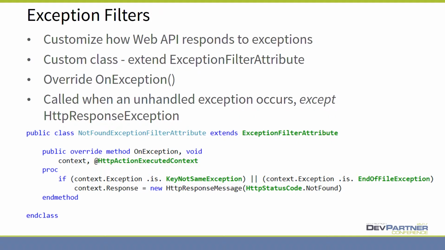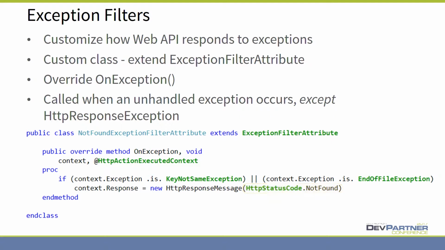And basically, rather than returning a 500, you'll wind up in here and you can provide some generic code over what it is you want to do. In this example, we're saying we've got an unhandled exception, but if it's a KeyNotFoundException or an EndOfStreamException, change the exception status to StatusCode.NotFound.